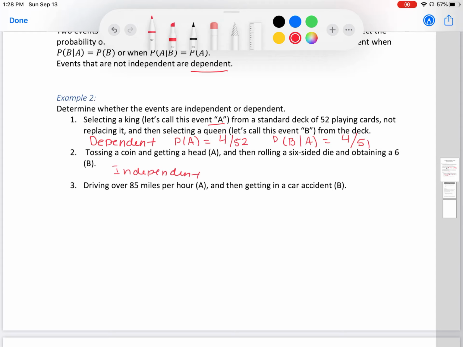Driving over 85 miles per hour and then getting in a car accident. While speed increases the probability of getting an accident, this would be dependent. And I know this one can be argued, but this is what we're going with.